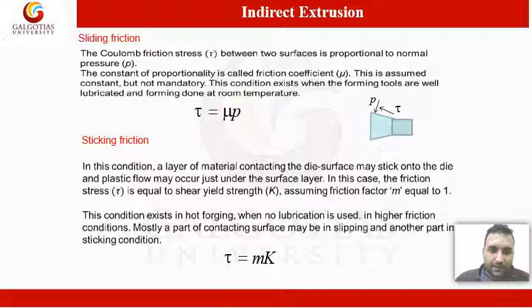Here, m is the friction factor. This condition exists in hot forging where no lubrication is used. In higher friction conditions, mostly a part of the contacting surface may be in a slipping condition and another part in a sticking condition.